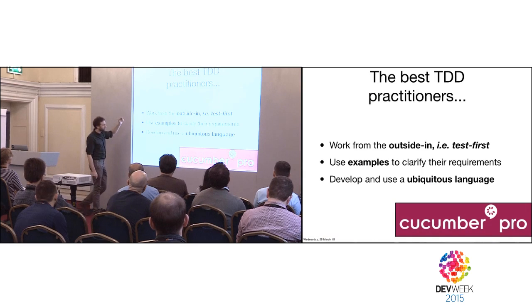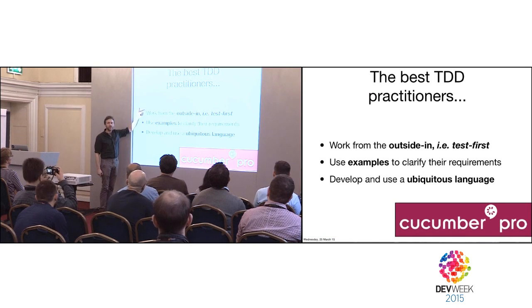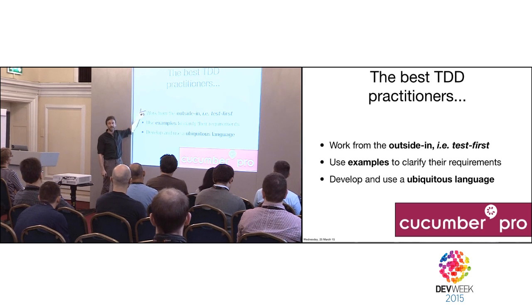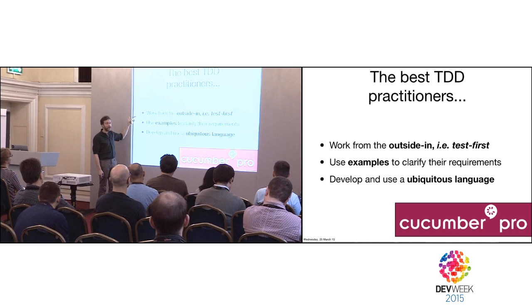So TDD, you think about what the code should do before it does it. You're writing a test before you've got the code. You're specifying how it should behave. And so this is a design process. You're designing the interface of how you're going to interact with the code you're about to build. You then write a test, which is an example that clarifies that understanding, that design.